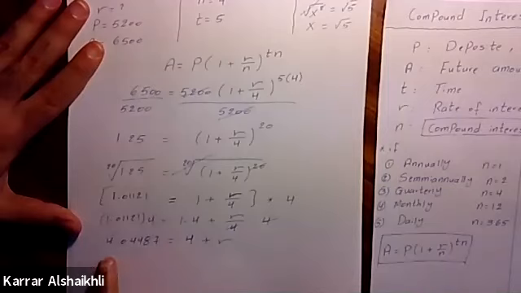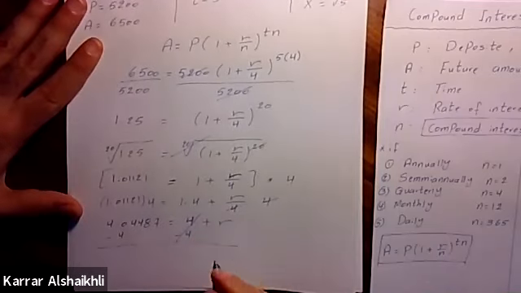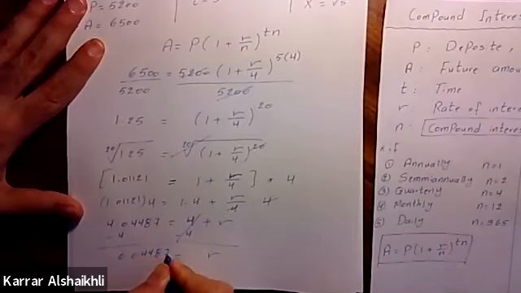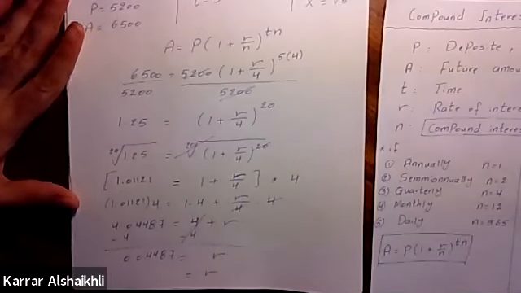I'm just going to move this number to the other side, so minus 4 from here and minus 4 from here. Cancel these. What's left is r equals 0.04487. If they ask you to round to the nearest tenth, you round this number.